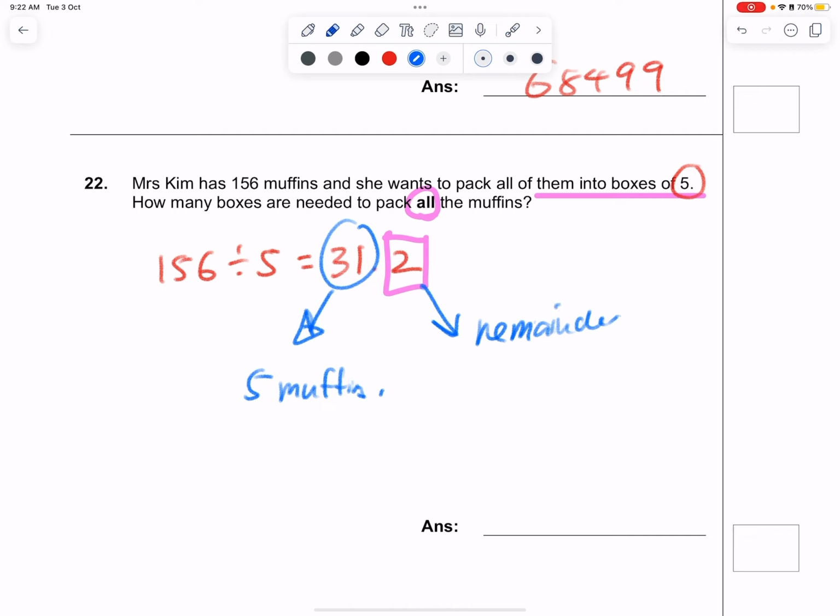You need to give a box to the remainder. The remainder here is actually less than 1, but it still needs a box. So you have to add 1 box for it. Therefore the answer is 31 plus 1 equals 32. Answer: 32. Okay?